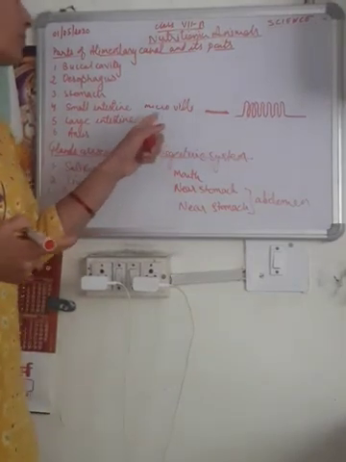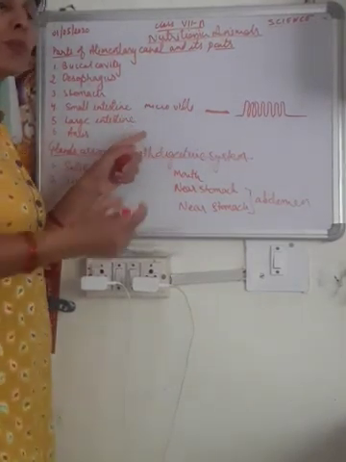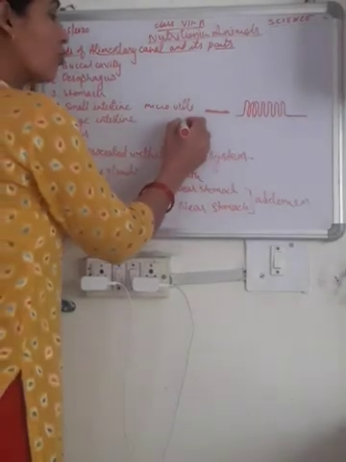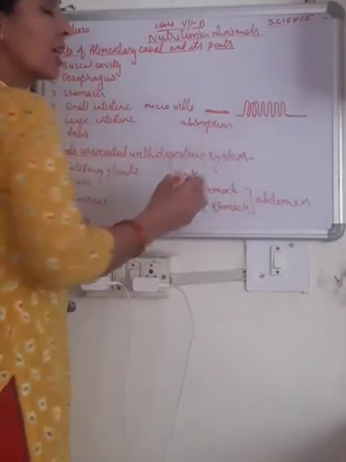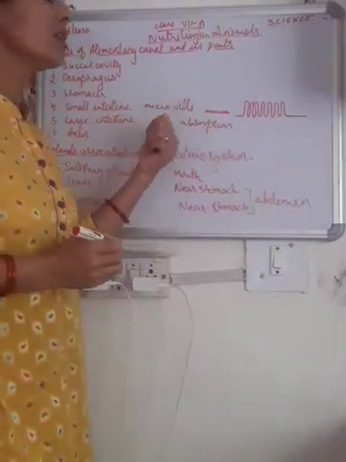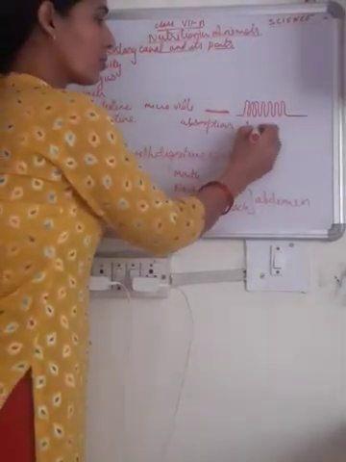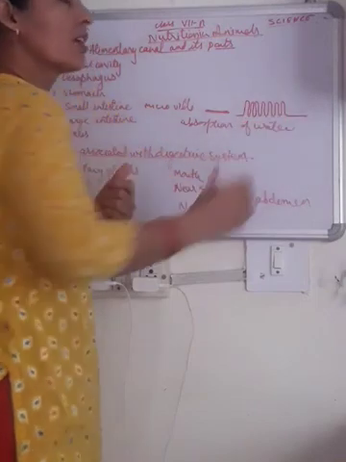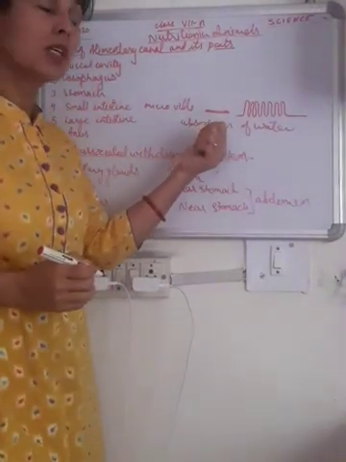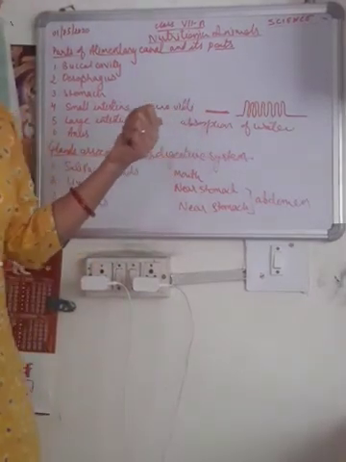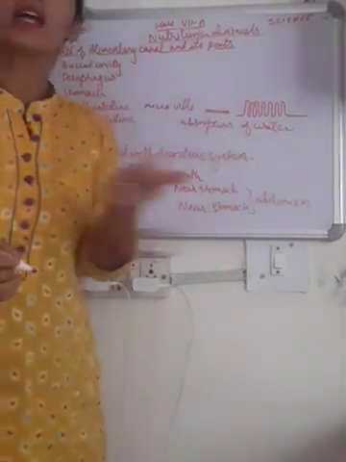Then is the large intestine. The large intestine mainly performs the function of absorption of water. You must have heard sometimes, children, that a person who suffers from diarrhea and other ailments is suffering from dehydration.